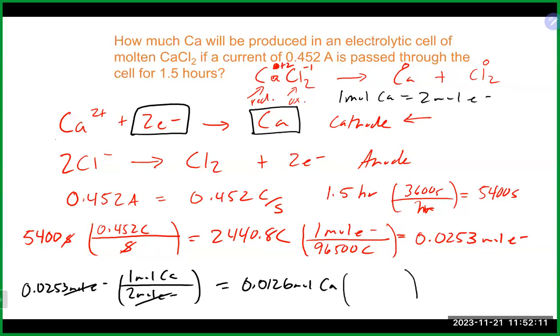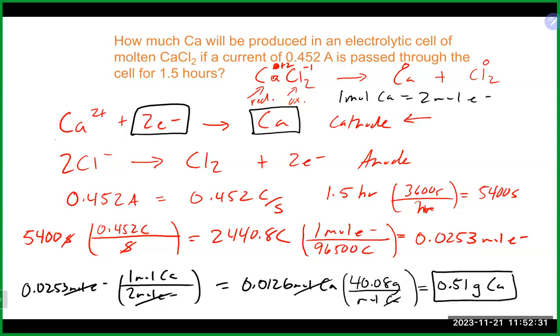That's 40.08, I believe. The moles will cancel. And that's going to tell us that if we ran this cell, 0.51 grams of calcium would be produced after 1.5 hours.